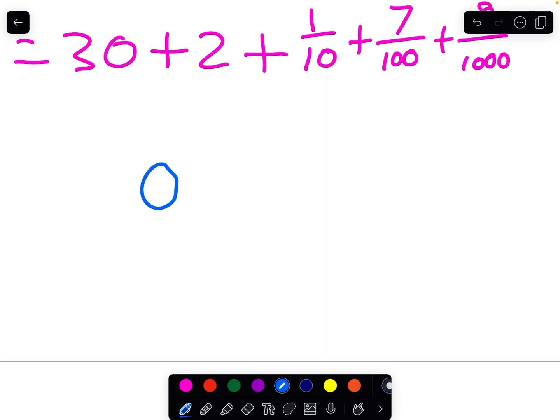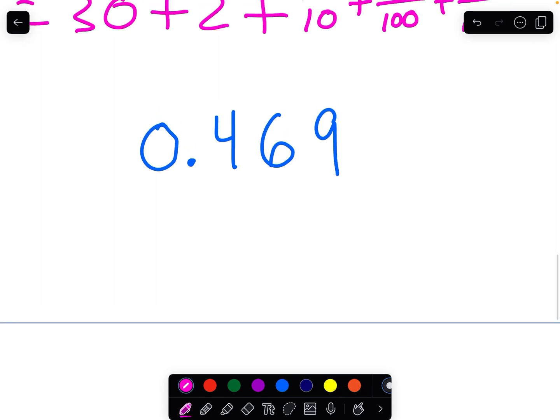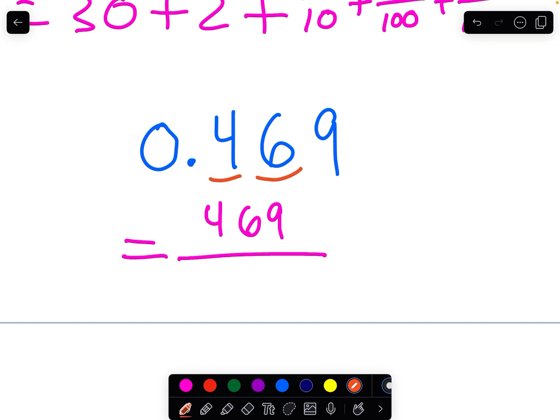Let's do the number 0.469. How about that number? And just a quick tip, this number equals 469... Well, let's count our decimal places. Well, we've got tenths, hundredths, thousandths.